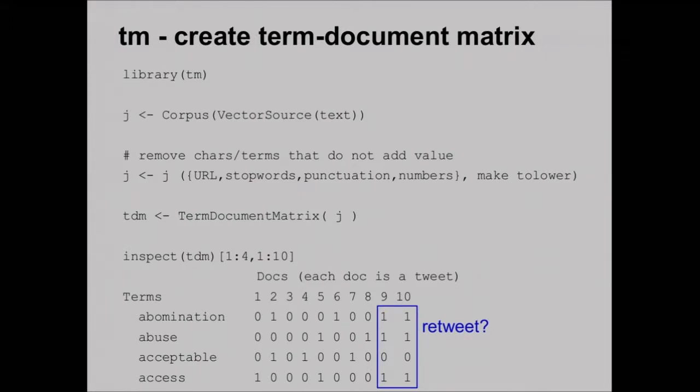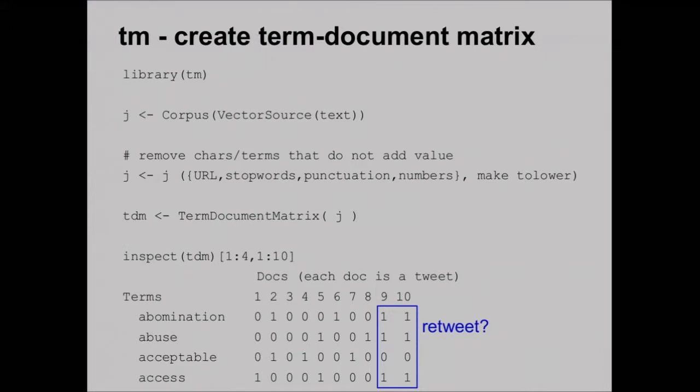It existed in tweet number 2, tweet number 4, and number 7. That way we have a matrix of all the words and all the tweets. And one side note here: we see 2 tweets that have basically the same words, abomination, abuse, and access, but not acceptable. Maybe that's a retweet.